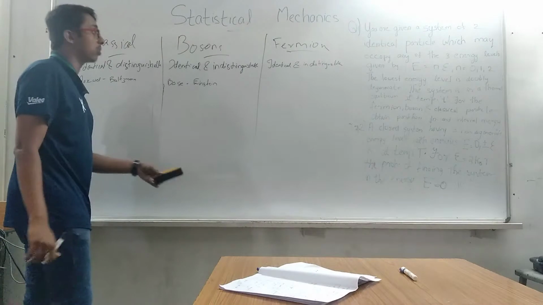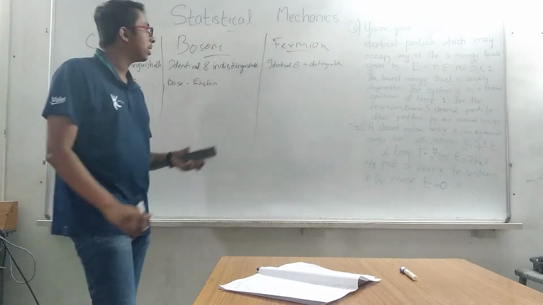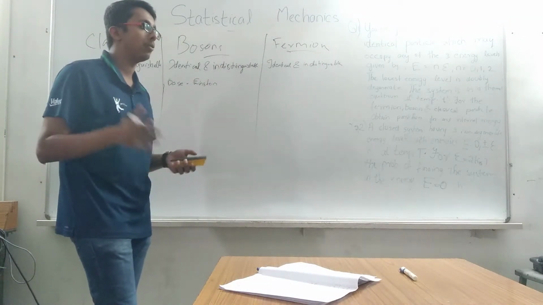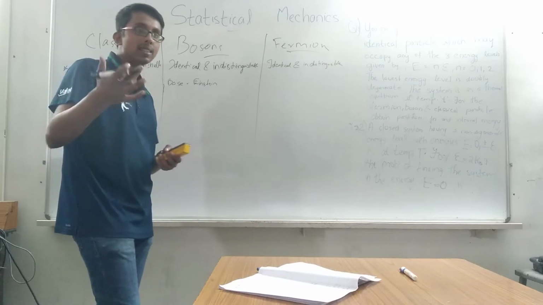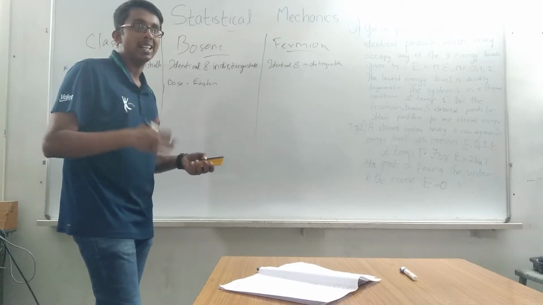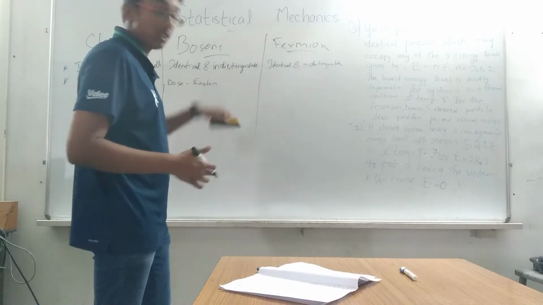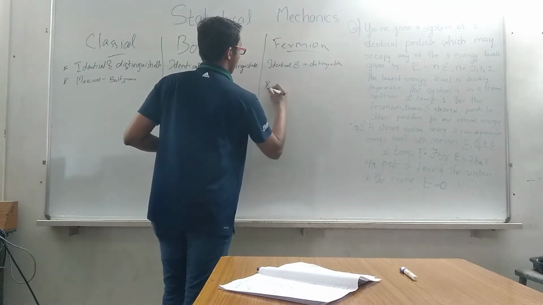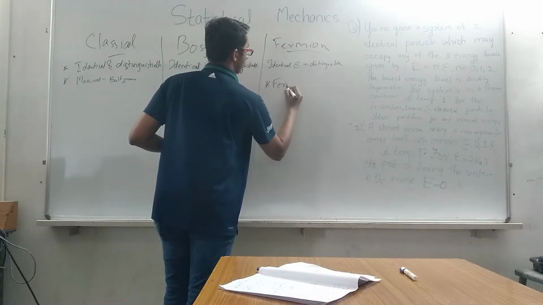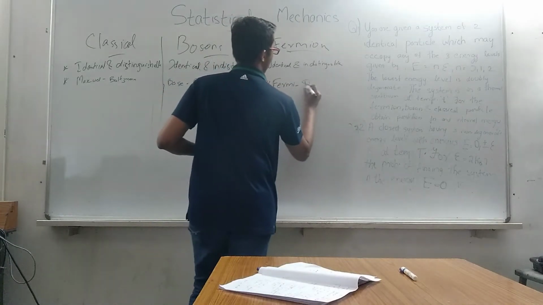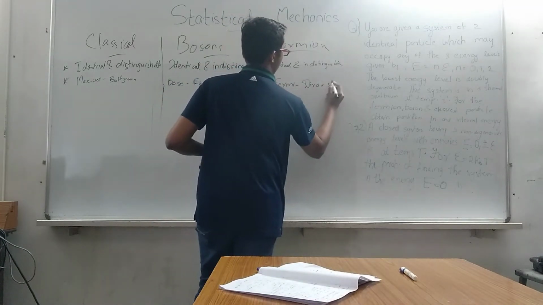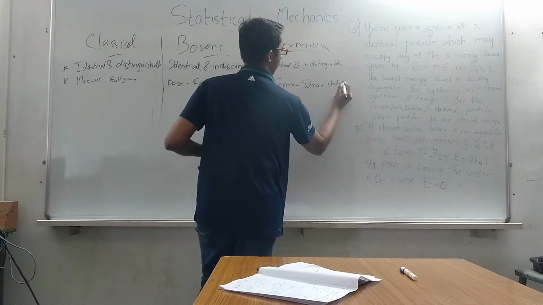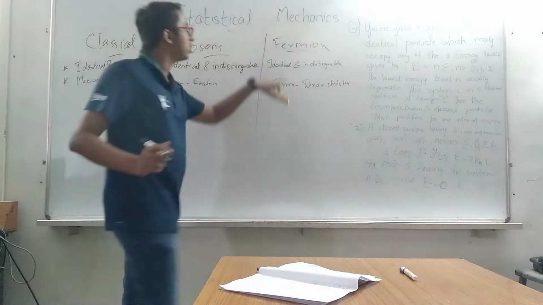And the third one, fermions. These are a particular type of particles that won't entertain others in their particular energy state. So we can discuss that. They obey Fermi-Dirac statistics. So that's the speciality of fermions.